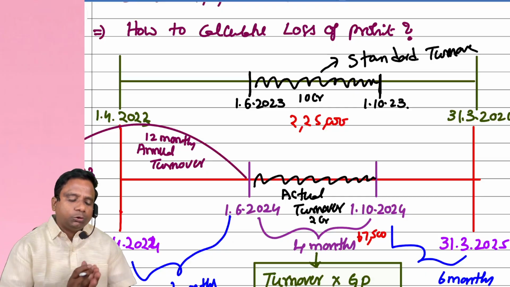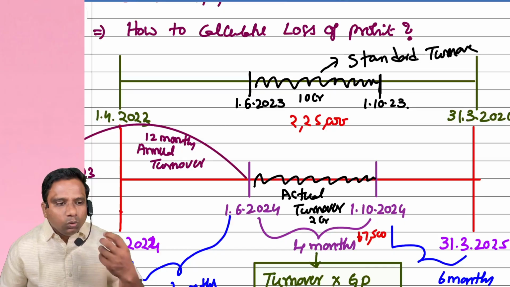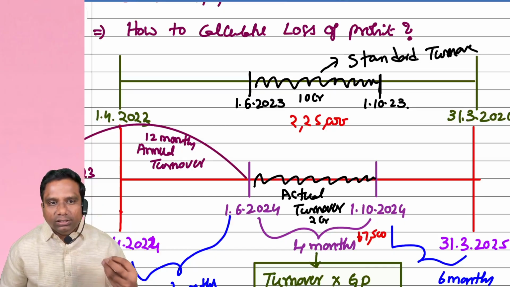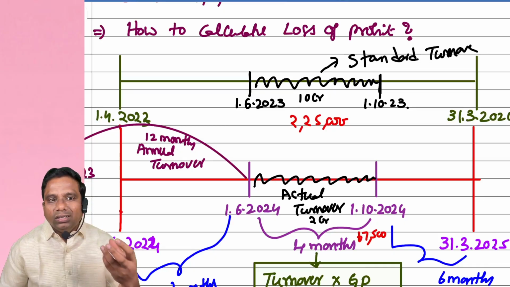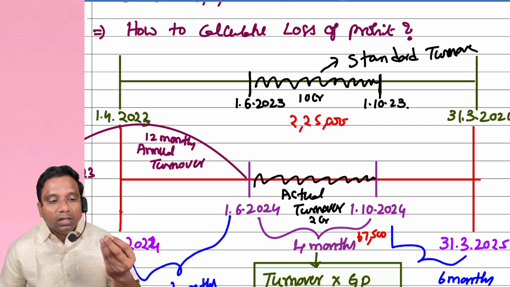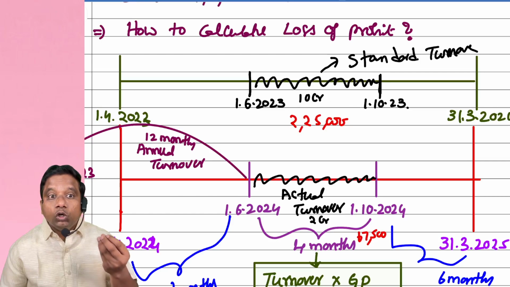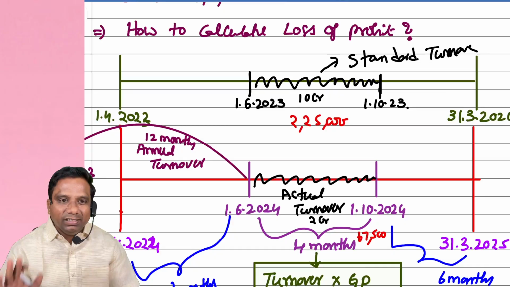Suppose you take for example cool drinks, ice creams. During the summer season, there is huge demand for cool drinks, ice creams and similar products like ACs and coolers, and the rest of the time period, the demand is very less.